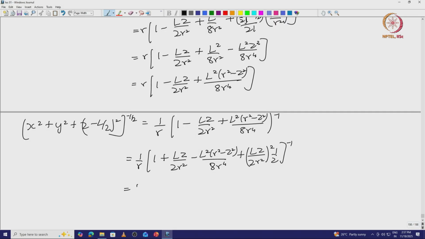And I can simplify this and I will get 1 by r into 1 plus Lz by 2r² plus L² into ... by 8r⁴.